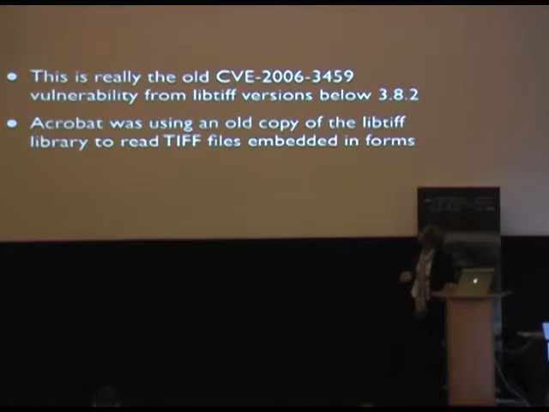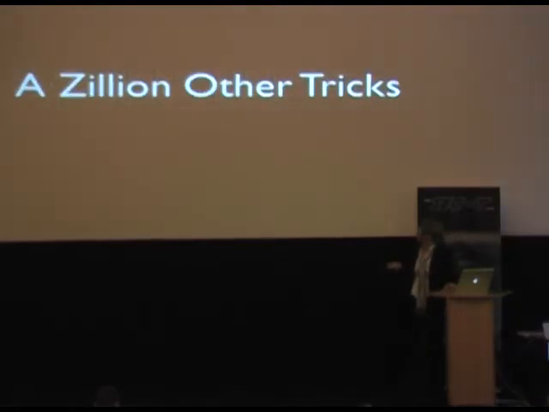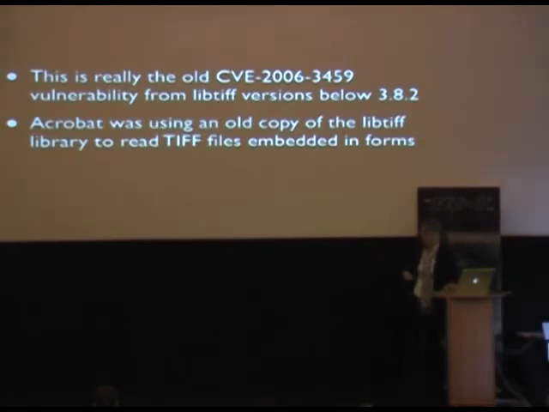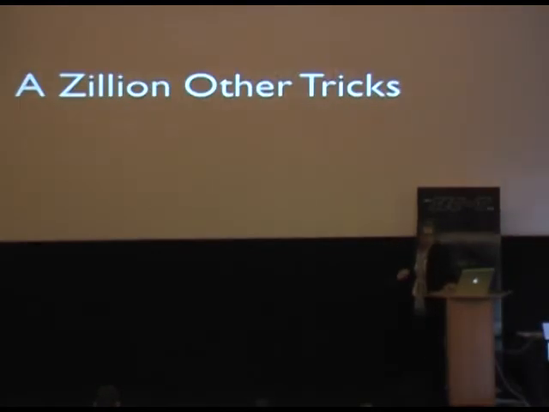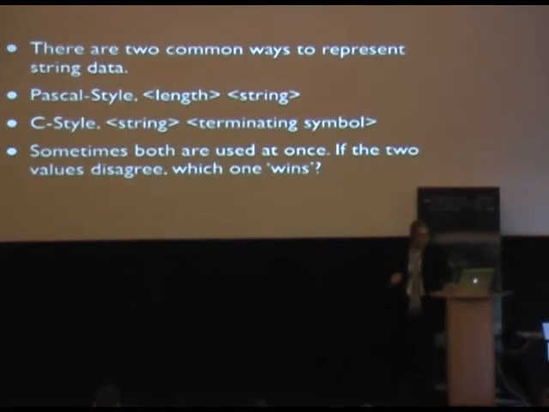This is the old libtiff vulnerability from a couple of years ago, and Acrobat was actually still using the same old code for it. So an exploit against the TIFF library was possible through Acrobat here, for example.